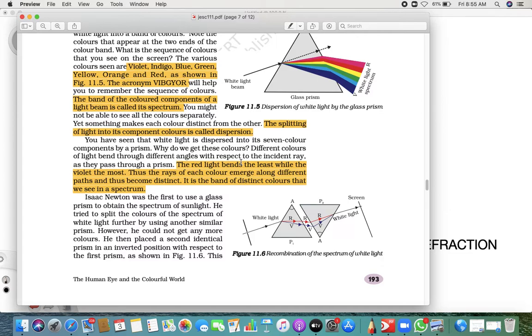And I told you that the velocity of red light is maximum, so the bending or refraction of red is minimum, and the velocity of violet light is minimum. That's why the refraction of that light is maximum. Because of all this, it separates into constituent colors.